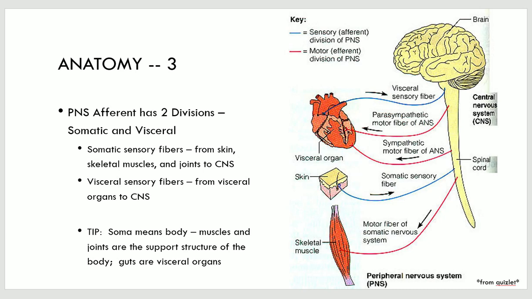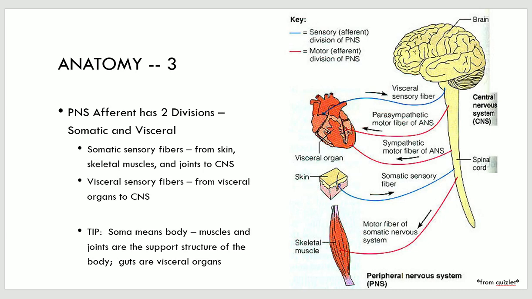Again, afferent is to the brain and spinal cord. Efferent is away from the brain and spinal cord. So these afferent divisions are going to the CNS.